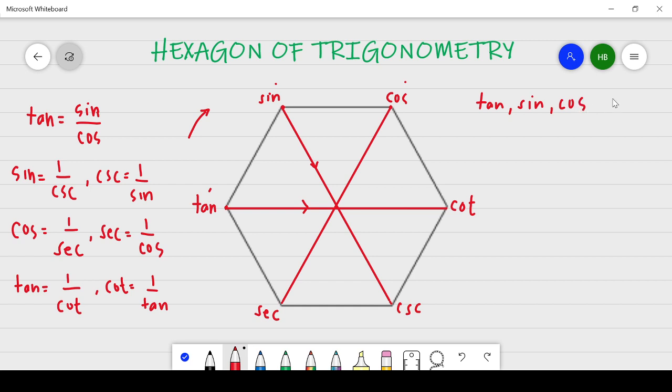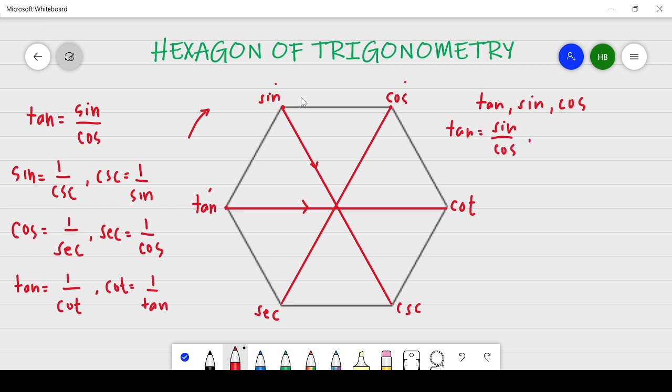The trick here is that the ratio of the second and third function is your first function. Of course, the never-ending formula of tangent is equal to sine over cosine.